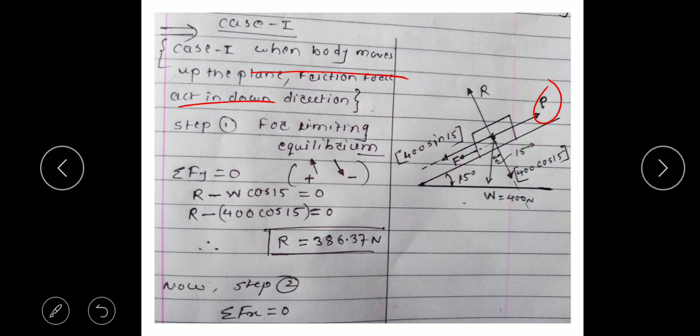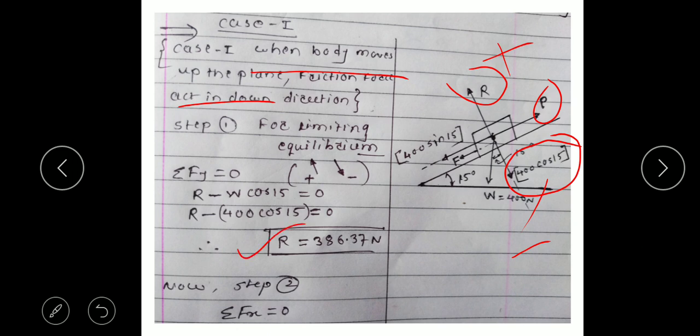In the summation of vertical forces, one force is R and the second force is 400 cos 15, or W cos theta, two forces. This is the downward direction, so negative, and R will be positive. On the basis of these two forces we got the value of R.